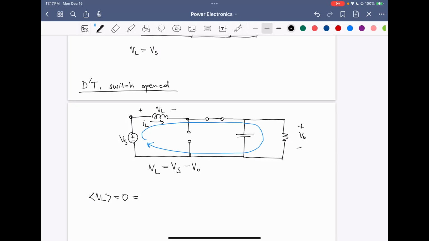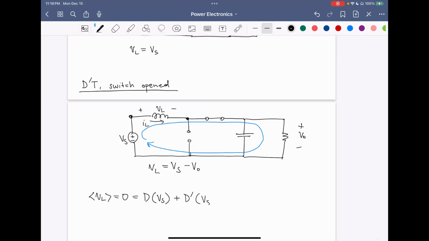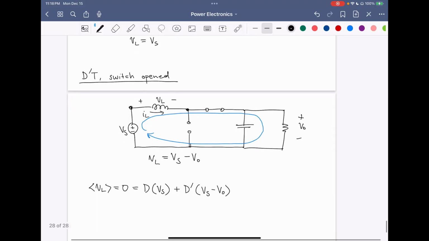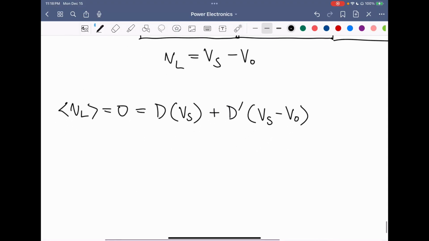So this can also be expressed as: during the dT interval, we have the inductor voltage as Vs, and during the D'T interval, we have the inductor voltage as Vs minus Vo. So this expression equals 0. So we can simplify this expression and isolate things so we can find the conversion ratio Vo over Vs.